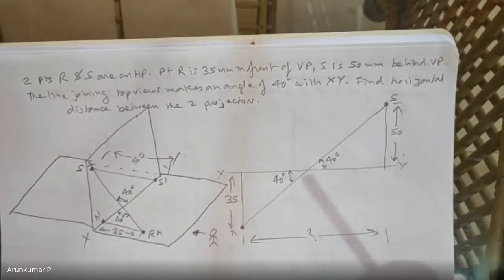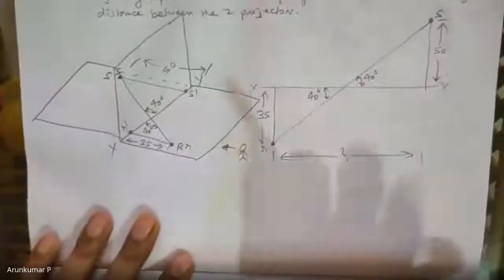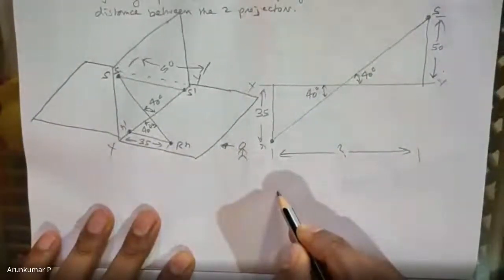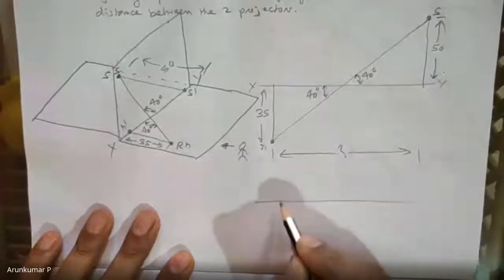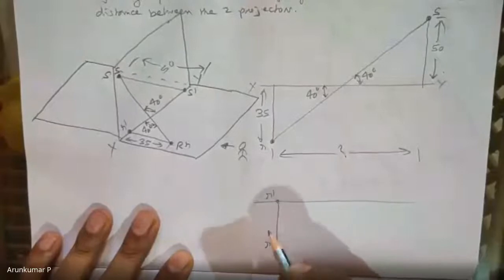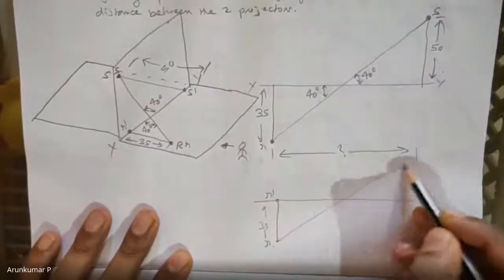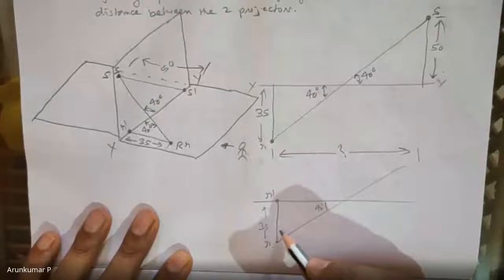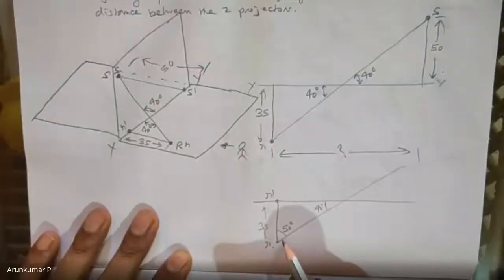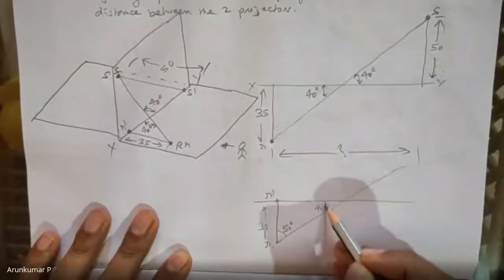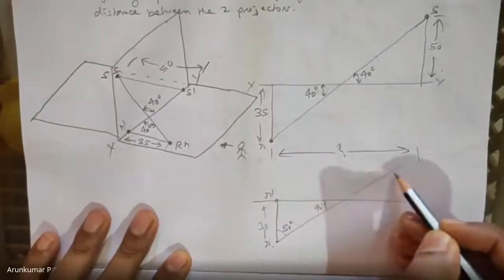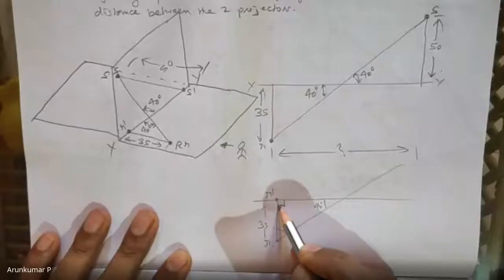Yeah, it will be a bit tricky because, see, you can draw this R dash and R. You can draw, no problem, 35 mm. But if you want to locate S, then you have to draw it at, this is 40 degrees. So what is this angle? 40 to 50. If you draw at 50 degrees, then it will be at 40 degrees, because this is 90.